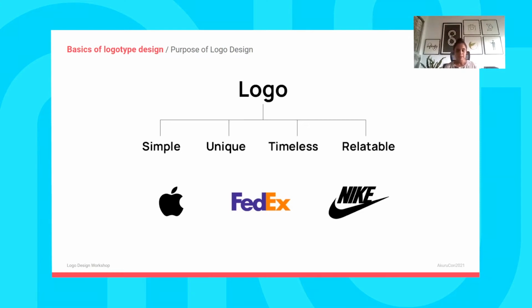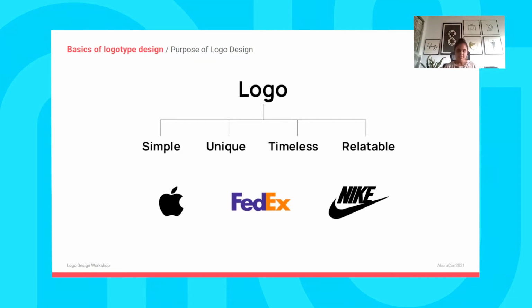Especially when you look at the Apple logo, it went through a few changes, that is colors, but they never changed the idea or the concept of the logo. So a logo should be timeless, that is, it should be able to stand through time, through trends, through company reforms, and so on.